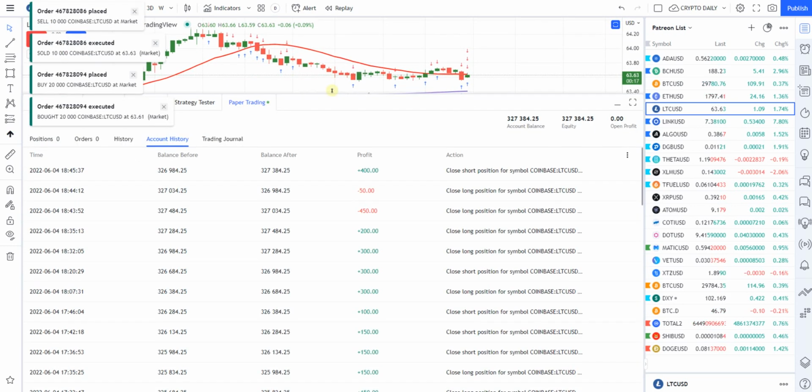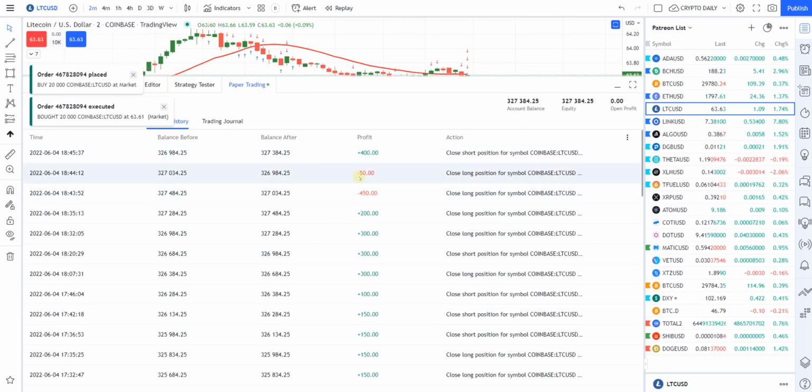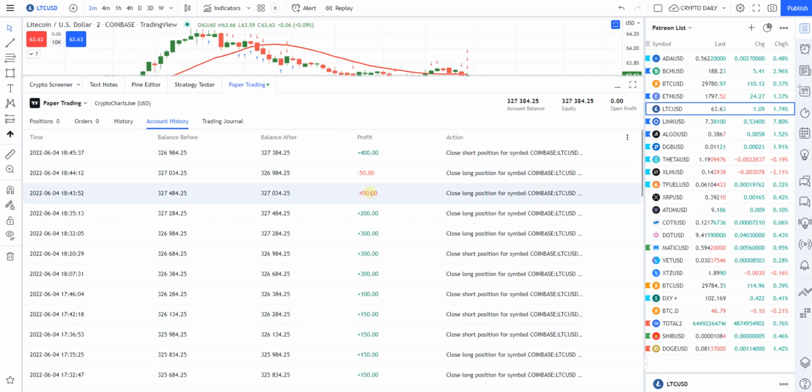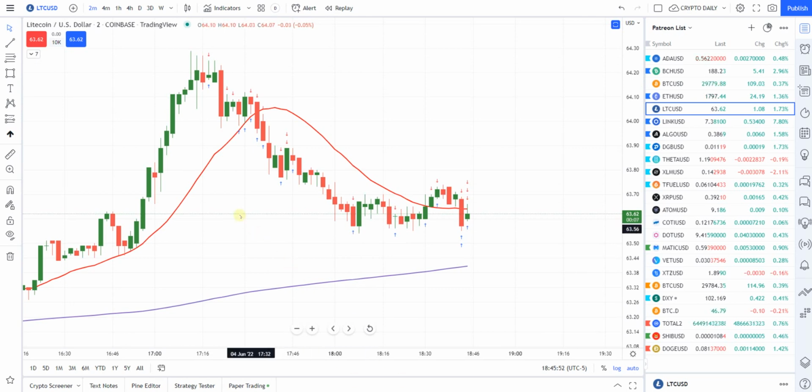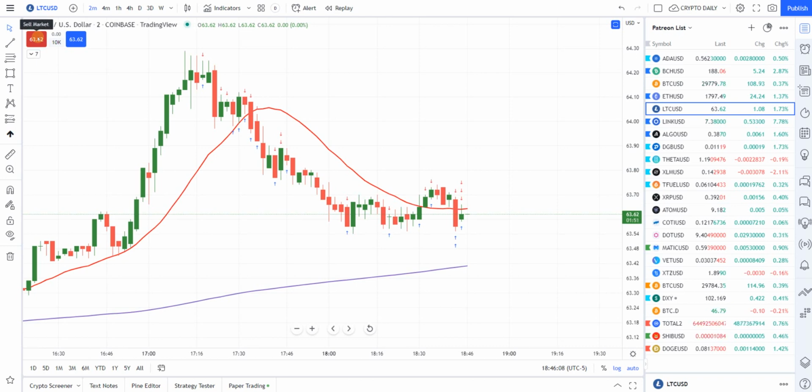Okay. Then we got a little bit of that back. Still down 100. Okay. So, inside bar and under the 20. A little bit more bearish than bullish.